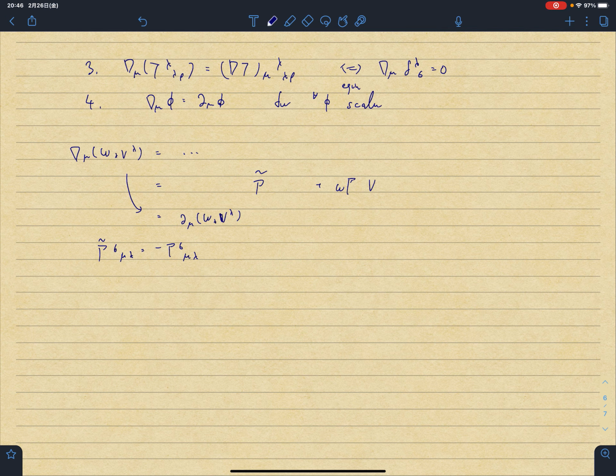So the two extra conditions we have imposed therefore allow us to express the derivative over a one-form using the same connection coefficients we used for vectors, but now with a minus sign.